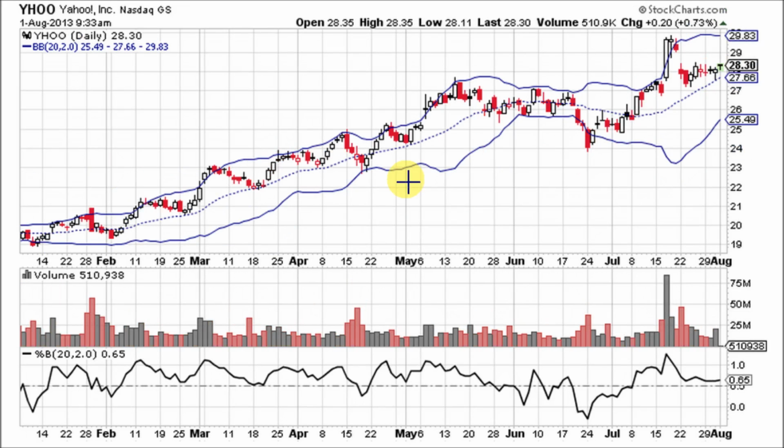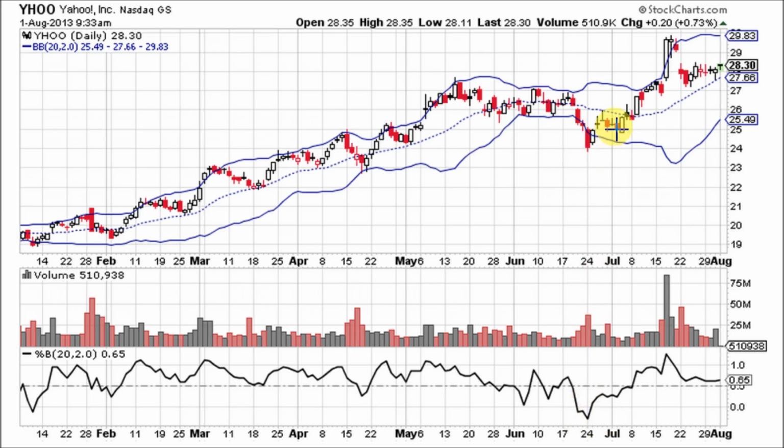And as with all indicators, it's important to combine other forms of technical analysis like candlestick and chart pattern analysis, and also using RSI and stochastics to confirm the readings that indeed Yahoo was below the lower Bollinger Band, below zero on percent B. That was the buy.